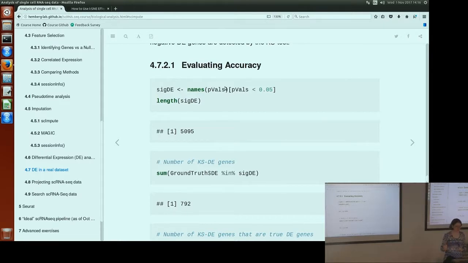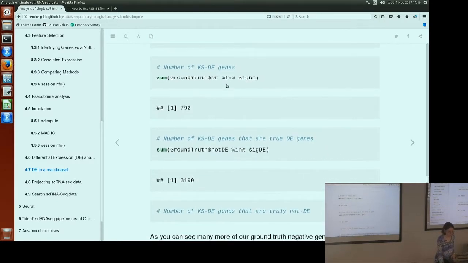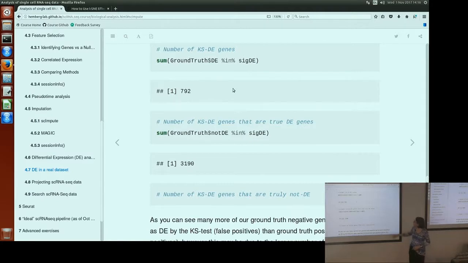So any slight difference in the distribution will be picked up by this test, but that also means you're going to find a whole ton of differentially expressed genes. So if we look at how many of the ground truth differentially expressed genes are found as significant, we can find that there's almost 800. But if we look at how many that we know are not differentially expressed, there's 3,000 that are false positives in this test.